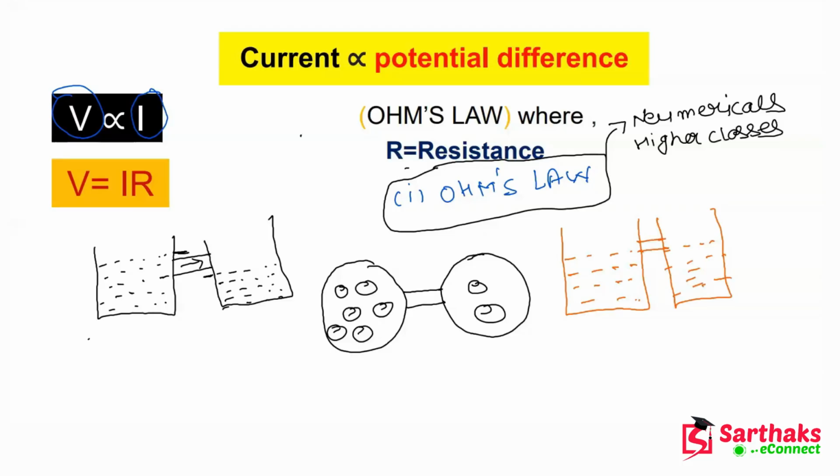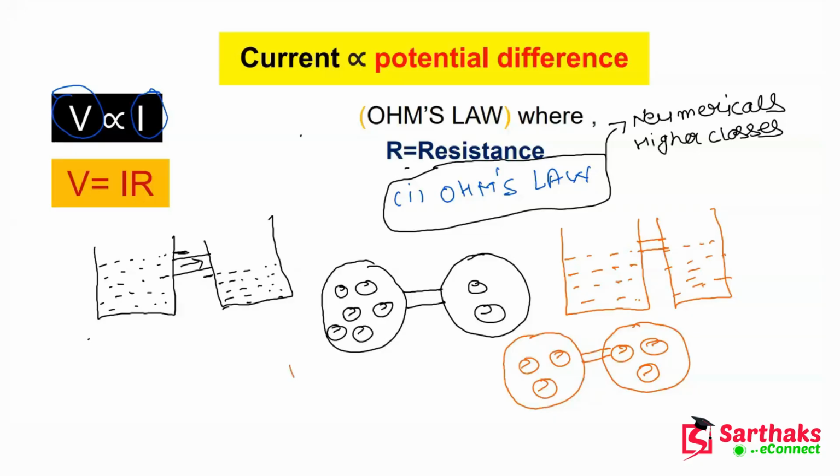Why? Because the level of the water is the same in both the jars. The same thing will happen in the case of metals. Suppose the charges are the same in both the metals. If I connect these metals, the charge will not flow either way. Why? Because the level of charge is the same.